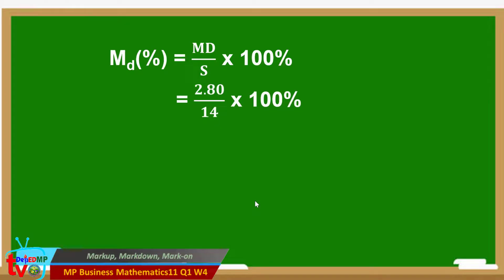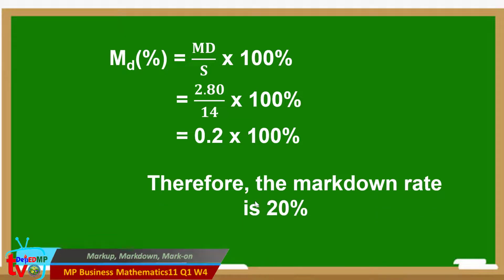The computed markdown is 2 pesos and 80 cents over the sale price of 14 pesos times 100% to give us 0.2 times 100%. Therefore, the markdown rate is 20%.